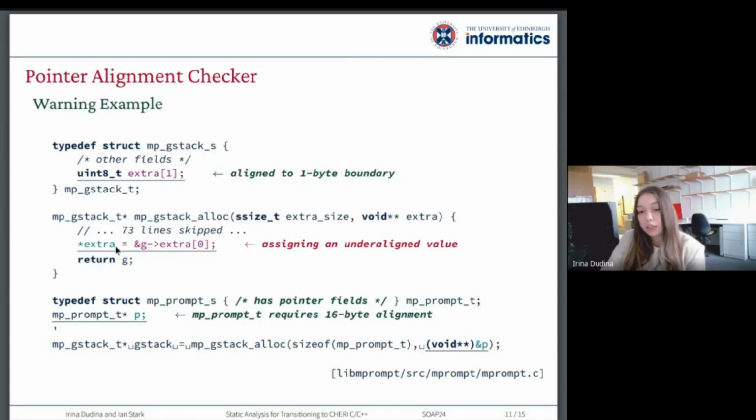This function assigns the address of a flexible array field to this pointer, and this flexible array field is not properly aligned. So this allocated memory will be unaligned, and the structure stored there will have unaligned capabilities. So these capabilities will not be valid or will lead to hardware traps.